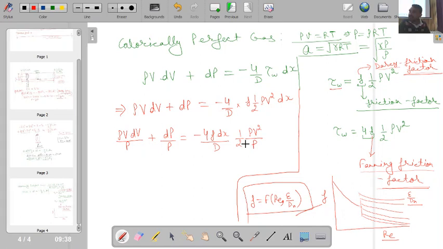Up to this point, is it clear? Now what I will do, I will multiply this first term, multiply and divide with gamma by gamma.